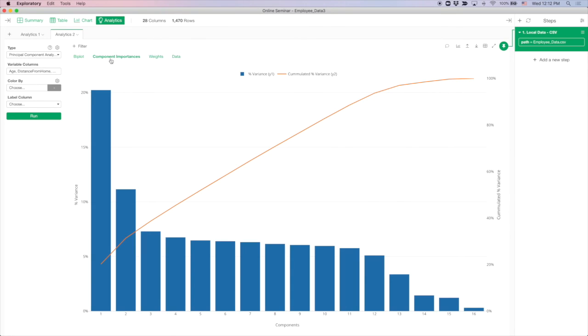And when you go to component importance, the first component contains about 20% of the original information, and the second component is 11% of the variance of the original data. Combined, the two hold 30% of the information.